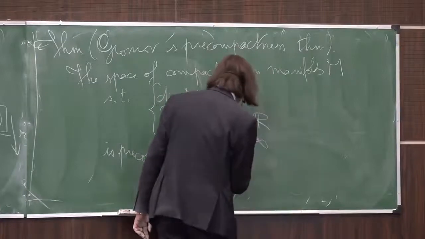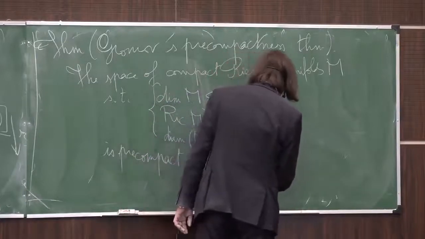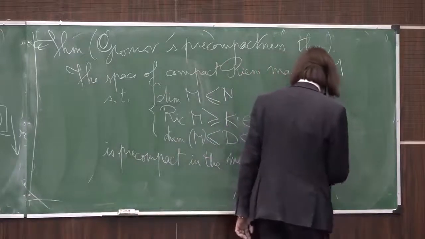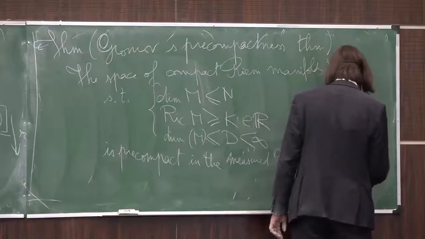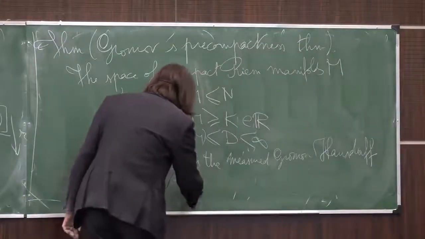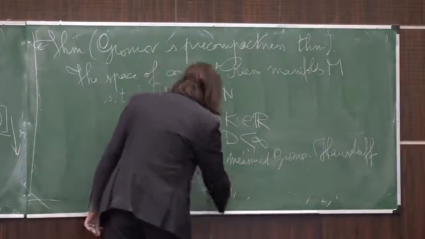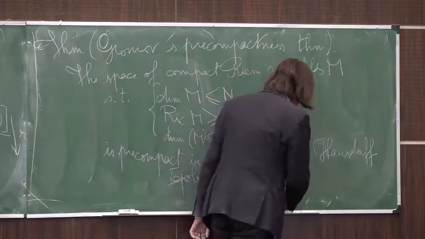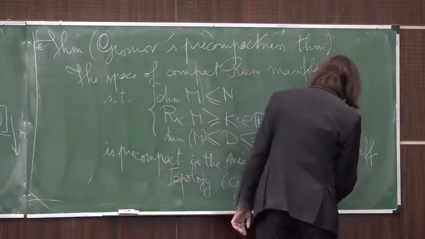Natural notion is the measured Gromov-Hausdorff topology, which is a topology in which you impose the convergence of measures of volume, say, and distances.